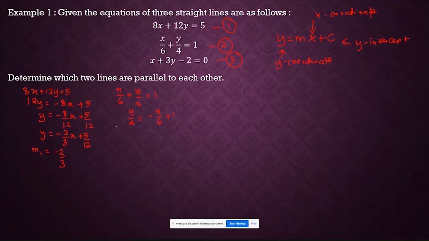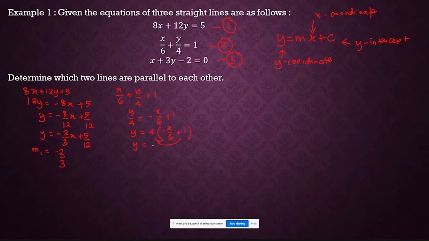Now here we have y divided by 4, so you must change to multiplication and move the 4 to the other side. So y is now single: 4 times negative x over 6 plus 1. Now y equal to 4 multiplied by the expression.